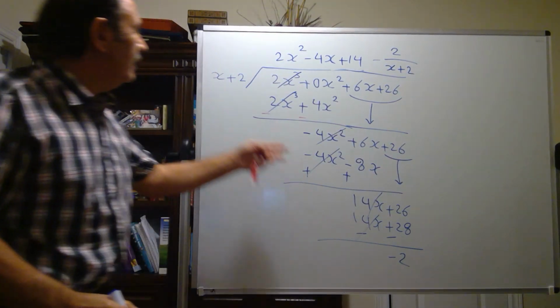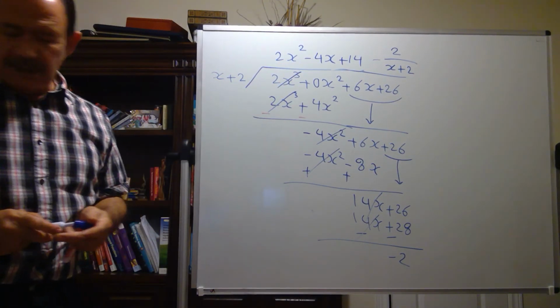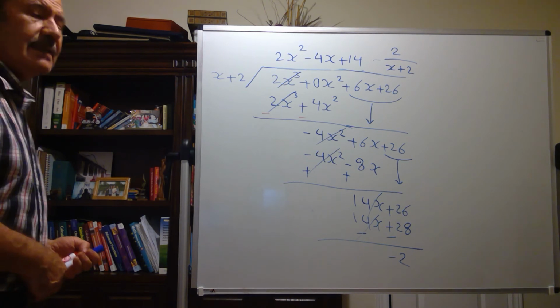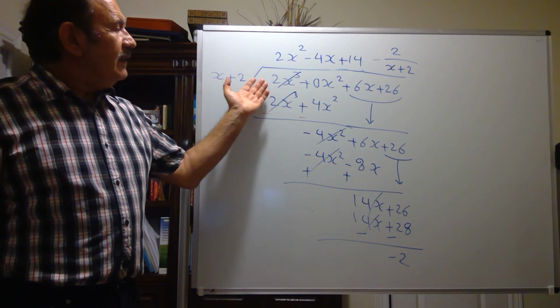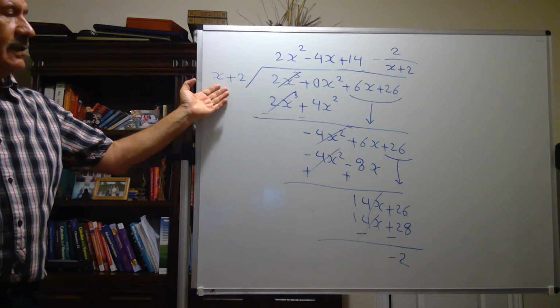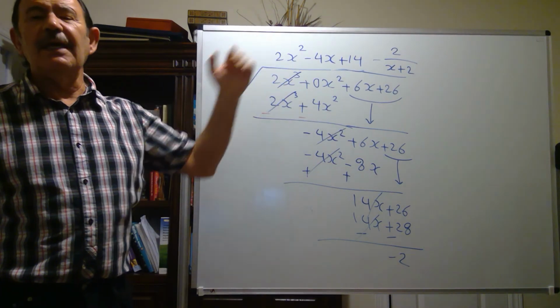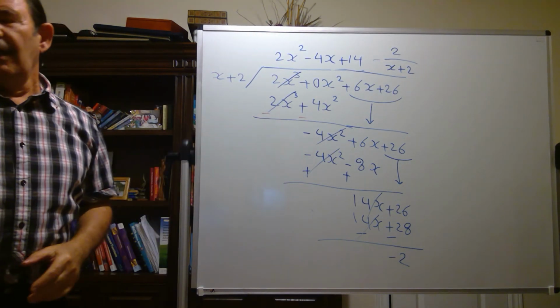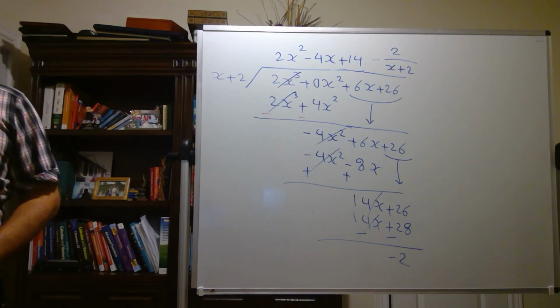This 2 is the remainder and x plus 2 is the divisor. This is the result of dividing this polynomial by this polynomial, and this is the answer, or quotient. Dividend divided by divisor equals the quotient. This is the method of long division.